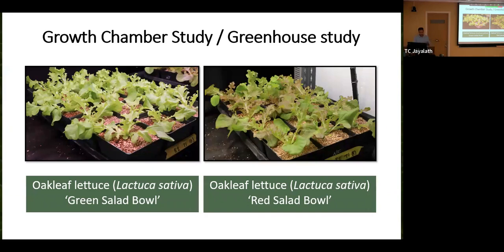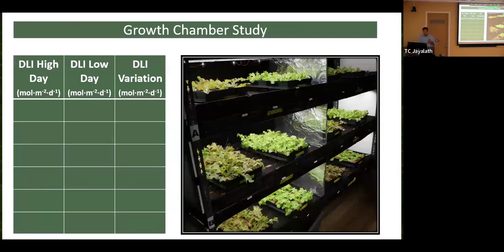In the growth chamber study, we used both green salad bowl and red salad bowl lettuce. And for the greenhouse study, we only used green salad bowl lettuce. These are the 6 treatments we used in the vertical farm. In each treatment, we had a high DLI day followed by a low DLI day, and those DLI days were alternated. First, we had our control with 15 for both the high day and the low day.